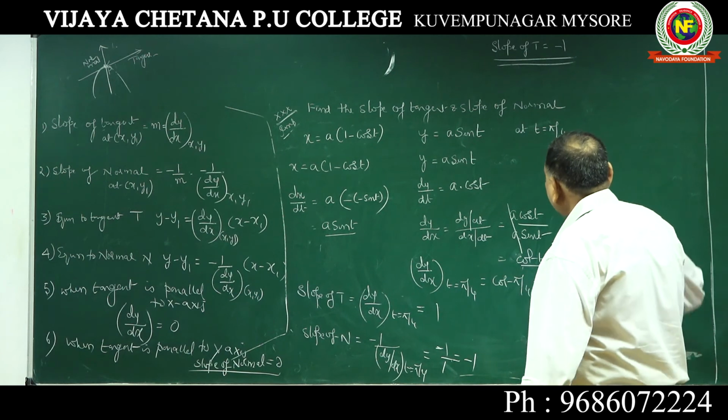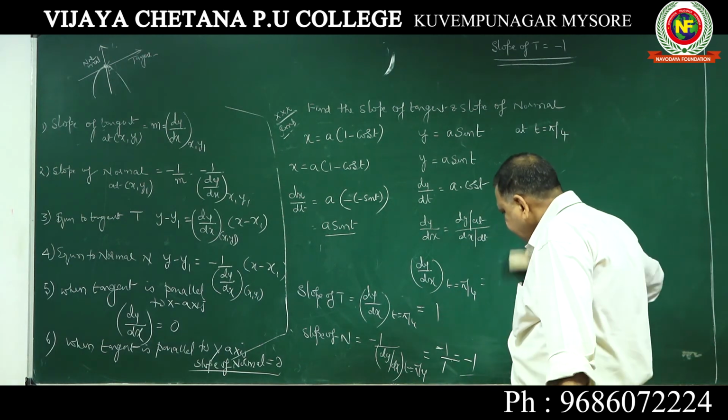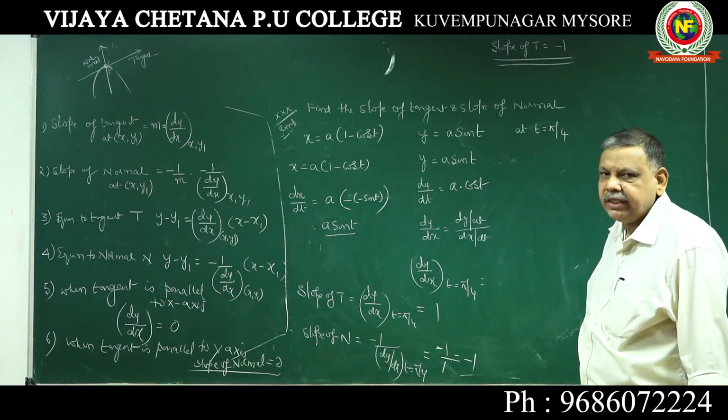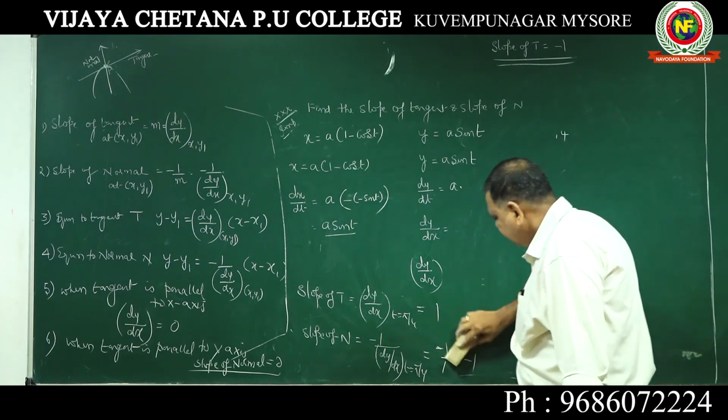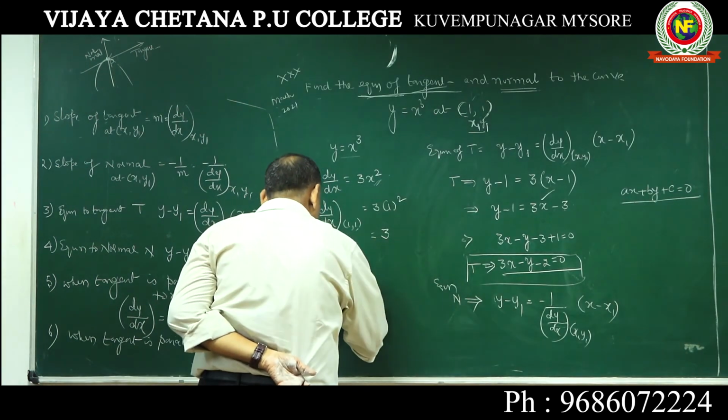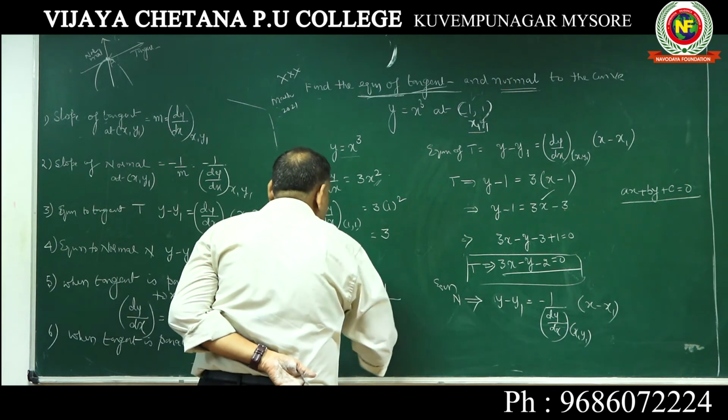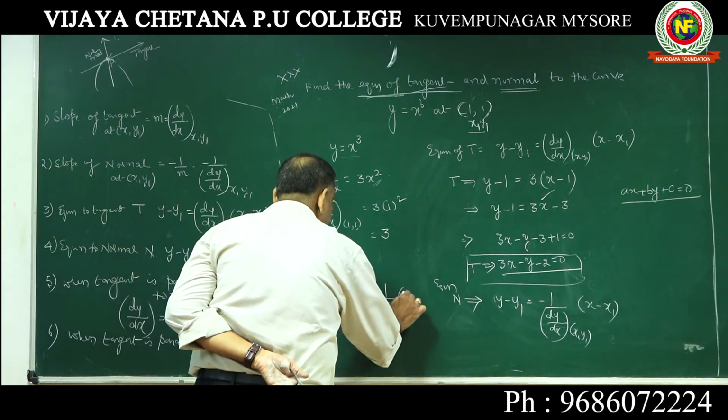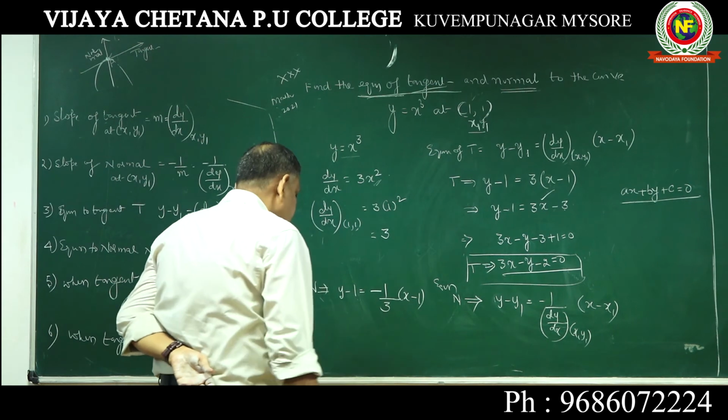Now let us go for an actual 3 marks or 5 marks question. This is about finding slope of tangent and slope of normal. y minus y1 is equal to minus 1 by dy by dx, already you have found out 3, into x minus x1.